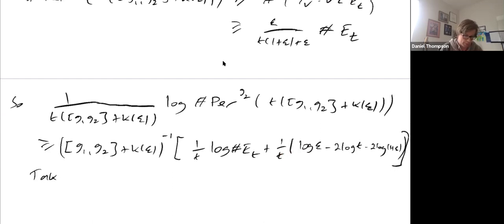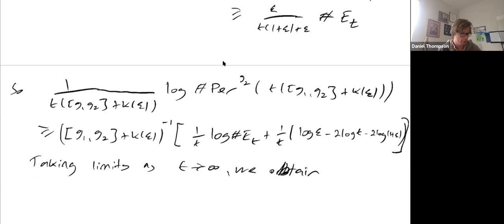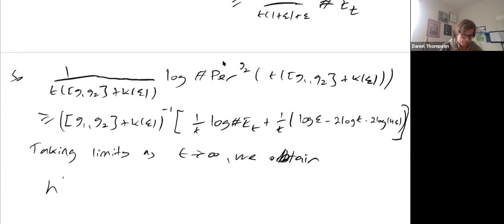Taking limits, T goes to infinity. What have I got? We obtain h star of G2, the growth rate of periodic orbits with respect to G2, is greater than or equal to, what did this grow like?